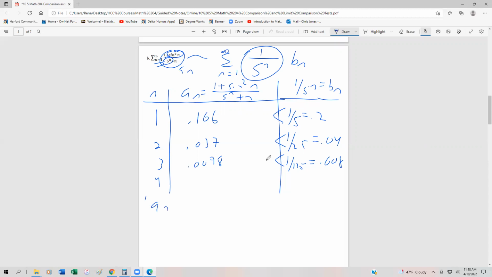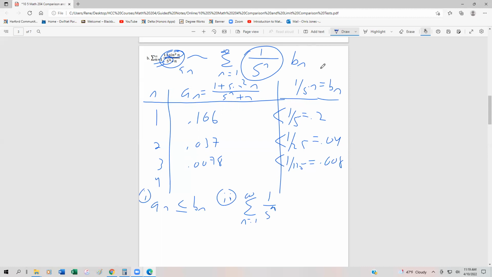So for part one, the sequence terms of a sub n are going to be less than or equal to b sub n, at least seemingly. Now, let's look at this series. We need to know the behavior of the series n equals 1 to infinity of 1 over 5 to the n.